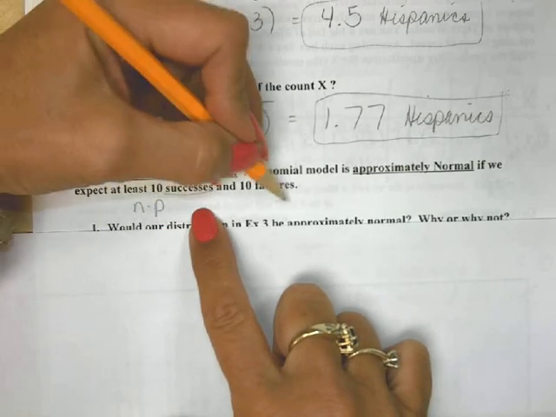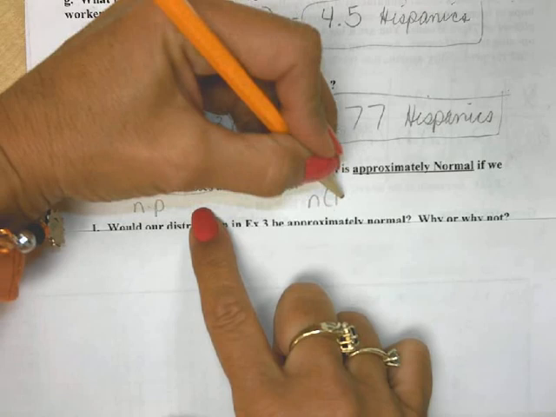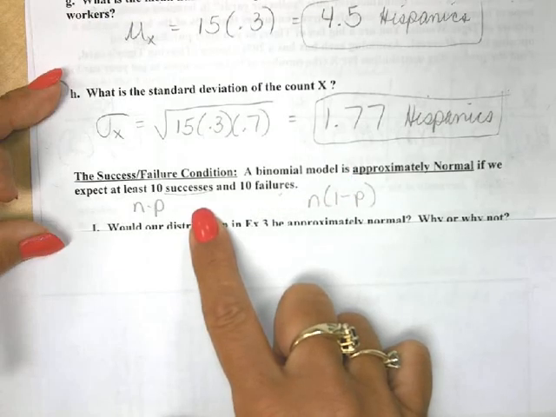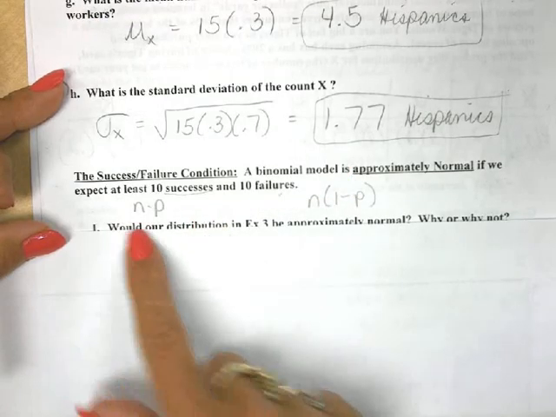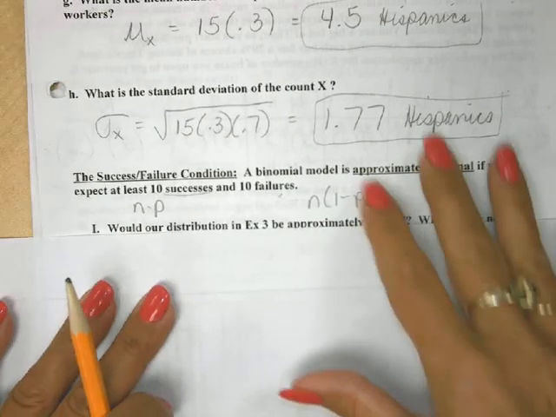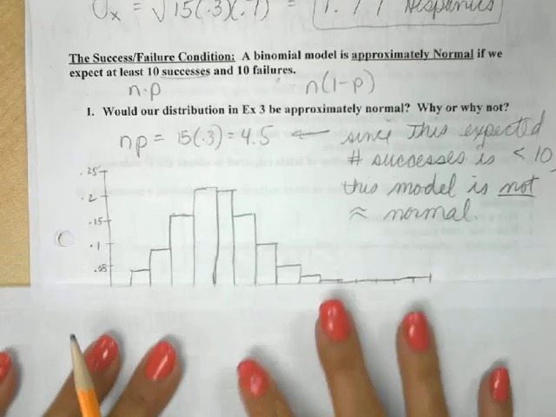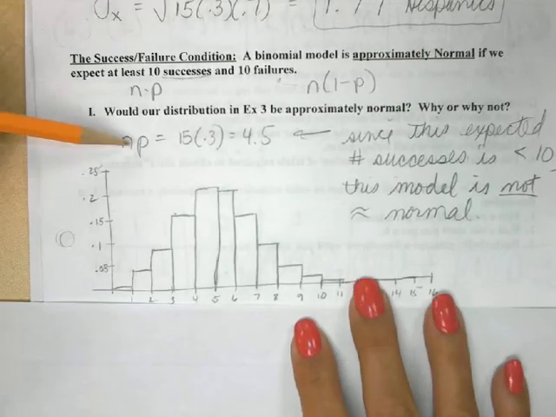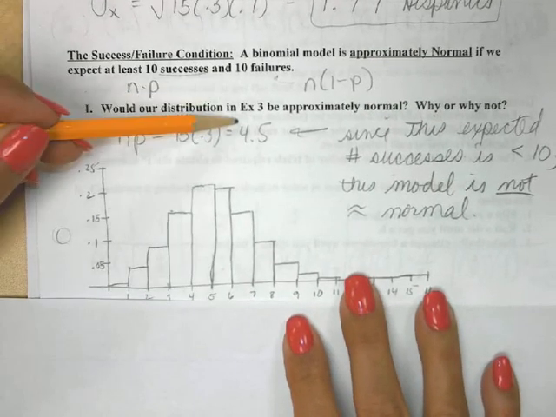And n times 1 minus p is the expected number of failures. If both of those are at least 10, statistically we find that the histogram will be approximately bell-shaped. For our setting, n times p was equal to 4.5.